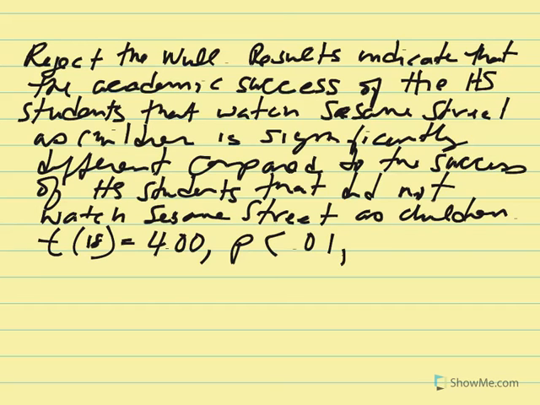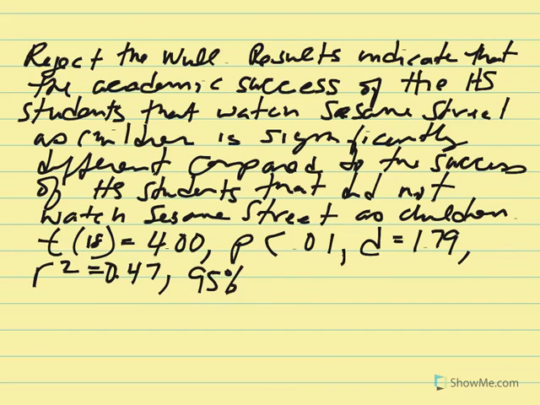And then I'm going to include all of the statistics that we produced: D was equal to 1.79, R squared was equal to 0.47, and then our 95% confidence interval, which would be reported as the range computed.